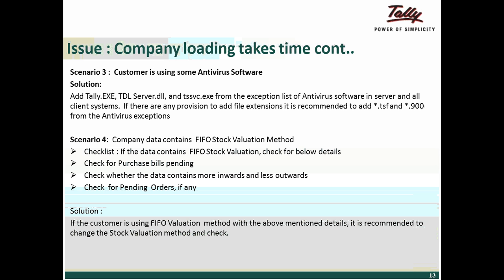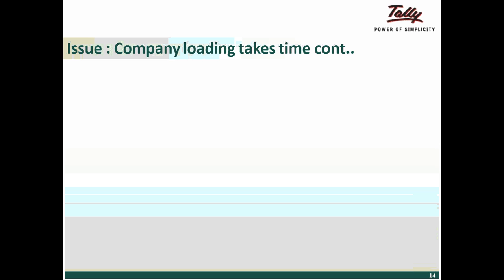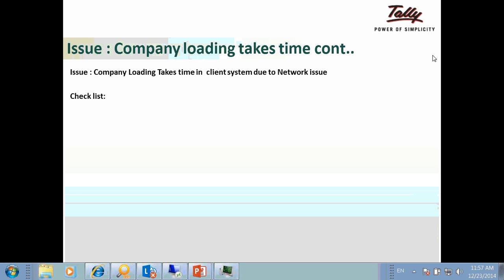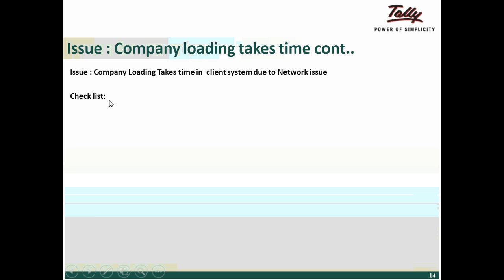We have already concluded scenario 4, company data takes time while loading the company in case of the FIFO stock valuation method. Now, company loading takes time in the client machine due to a network issue. What are the network checklists which need to be shared?